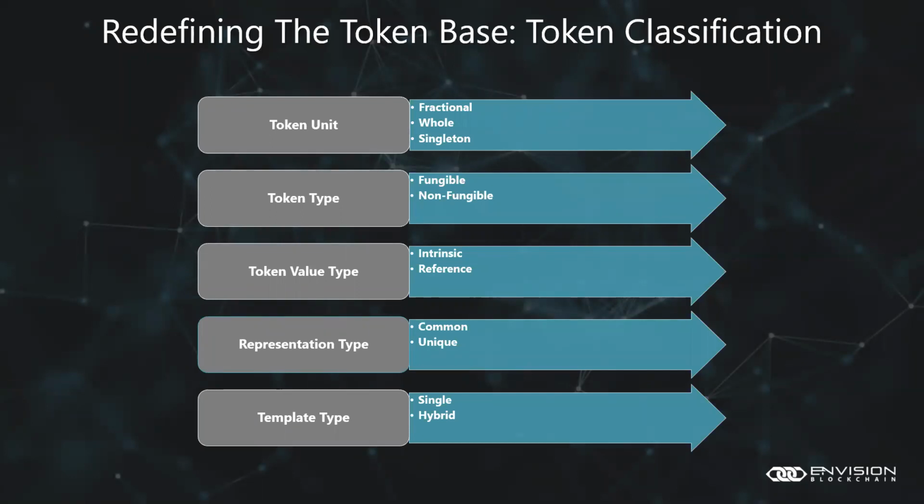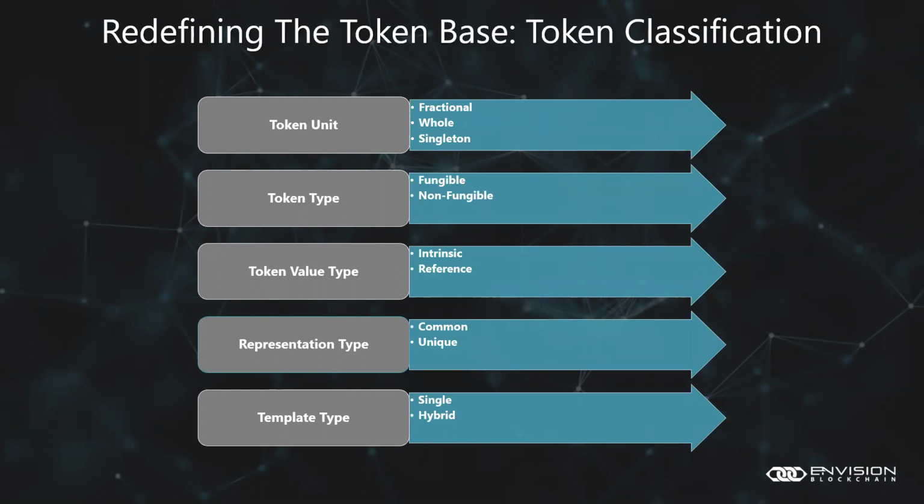And when we take a look at the token unit, that was part of the root of the token base, whether it's fractional, whole, or singleton, before we take a look at the token type and determine whether or not it's going to be fungible or non-fungible. Where we said on the previous slide, you can have a fractional fungible token, right? That's perfectly fine, but we needed to reorder that.